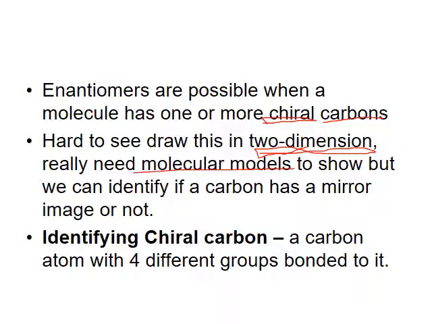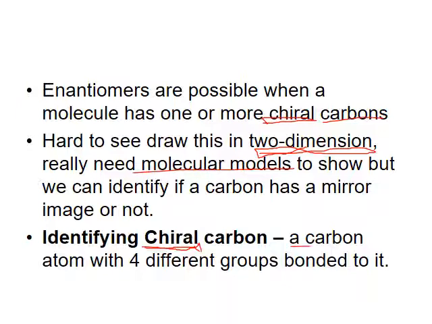Since we can't really see what's going on, we still would like to see if a molecule has a mirror image in it. The way that it has mirror images is if it has a chiral carbon. If it has a chiral carbon in at least one place, it could have more than one, then it will have a mirror image. That means that the same chemical formula can give you different structures.